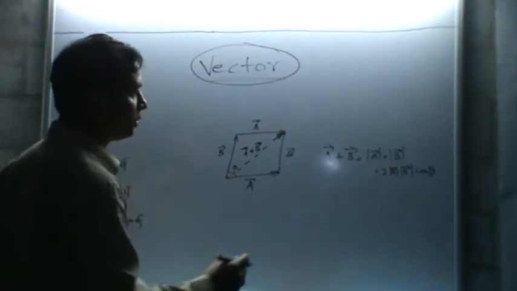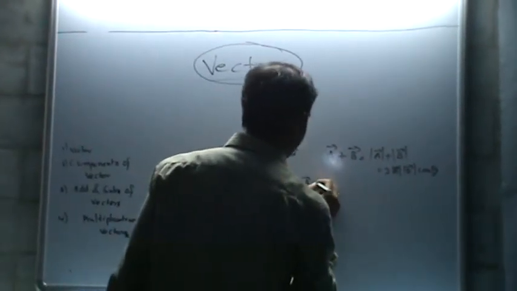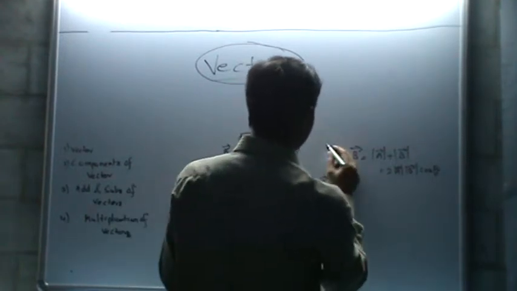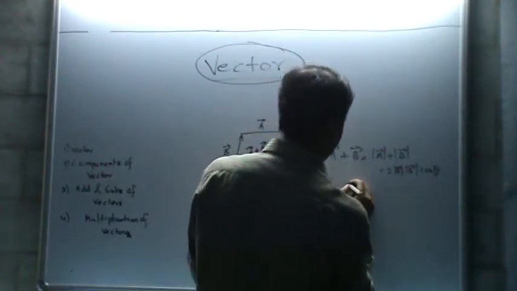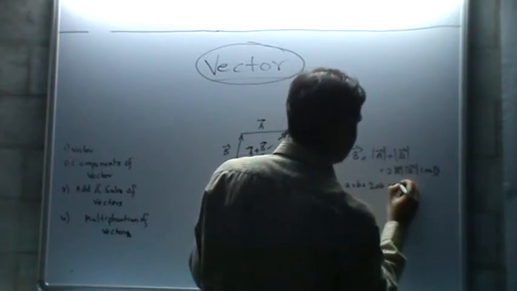Or in another way, we write the sum of vector A plus vector B equals the square root of A squared plus B squared plus 2AB cos theta.